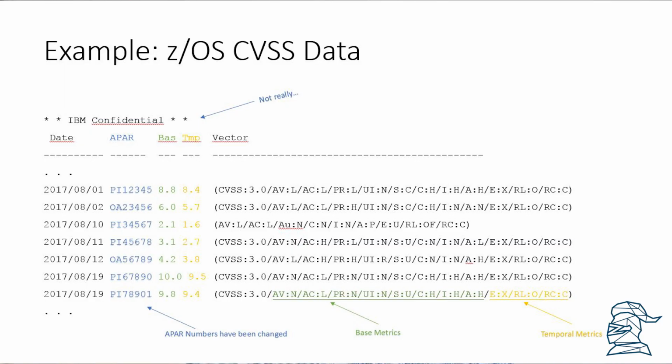If you take a look at the bottom APAR on that list, you see the first set of metrics after the CVSS:3.0. That's the base metrics that were used to figure out the base score. Those are marked in green. That's the information that you'll use to determine the applicability of the vulnerability to your system.